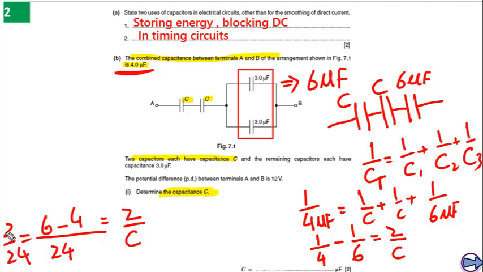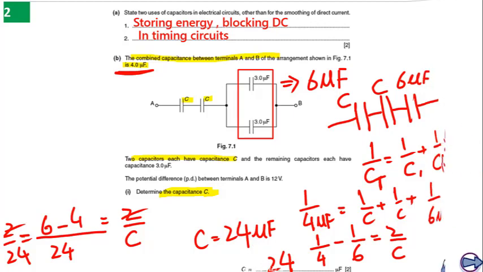As you can see, 2 is here, 2 is here, we can cancel, and simply we will get C is equal to 24 microfarads, and this is our answer. So here is our final answer for this part.